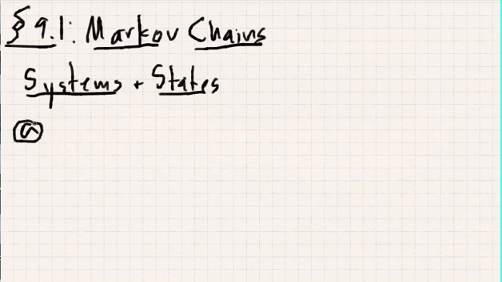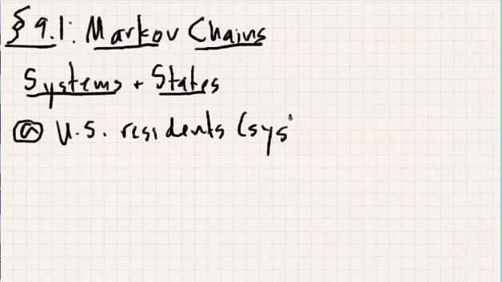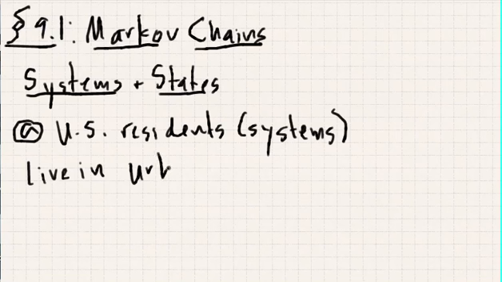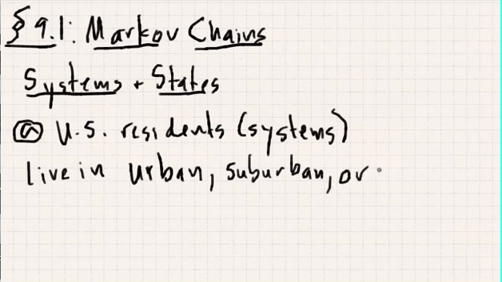So first of all, let's consider people in the United States. U.S. residents will be our systems. Each person represents a system that can be in various states. They can live, I could literally say the different US states that they live in, but let's say that they can live in urban areas, like New York City, or suburban, like much of New Jersey, or rural areas.